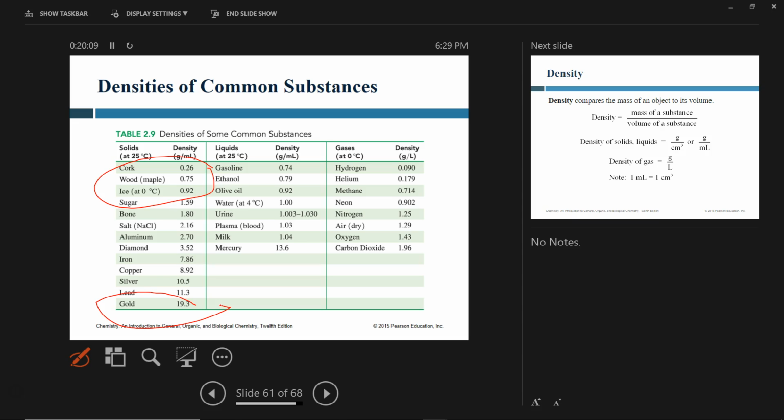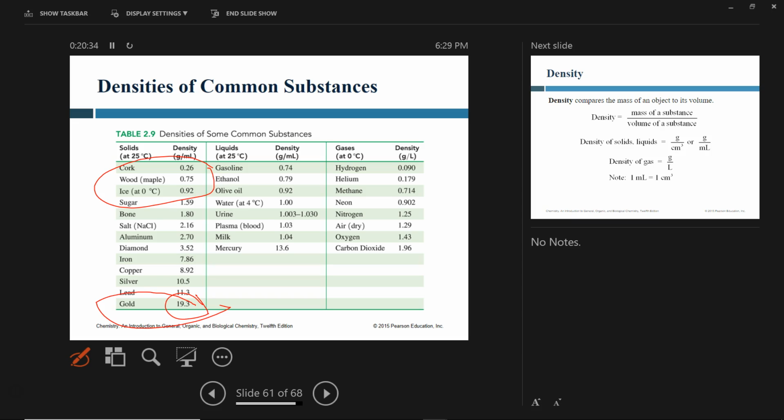Now, here's an interesting thing. What if you have gold coins? Pure gold coins should have a density of 19.3, right? Now, if you add copper, they're going to be lighter.